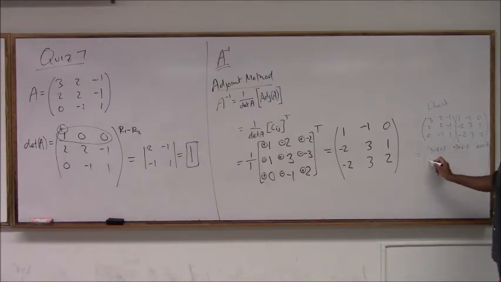This would be 2 minus 4 plus 2. This would be minus 2 plus 6 minus 3. This would be 0 plus 2 minus 2. And this would be, last row, 0 plus 2 minus 2, 0 minus 3 plus 3, and 0 minus 1 plus 2.